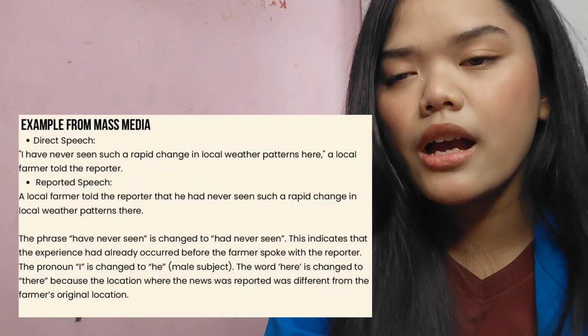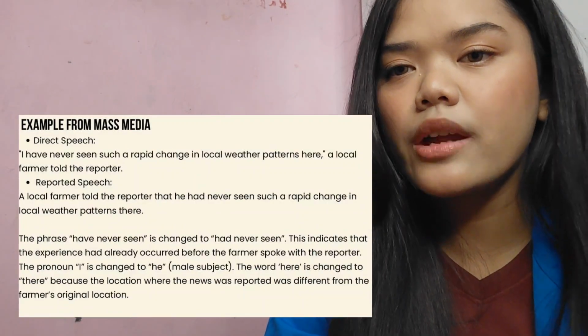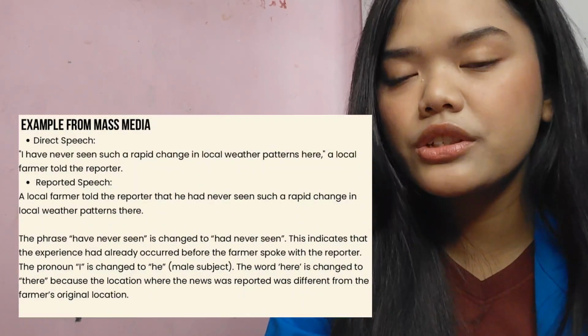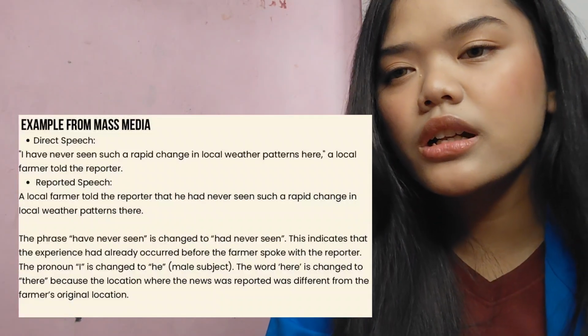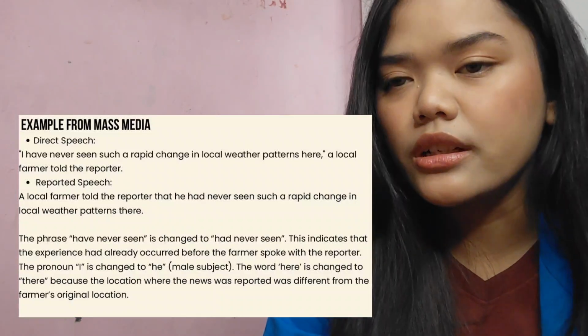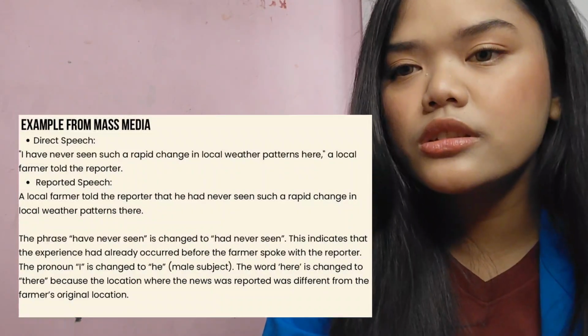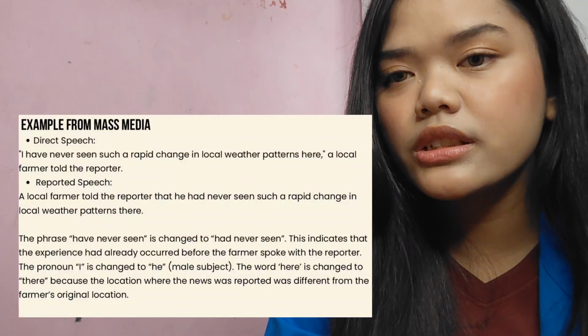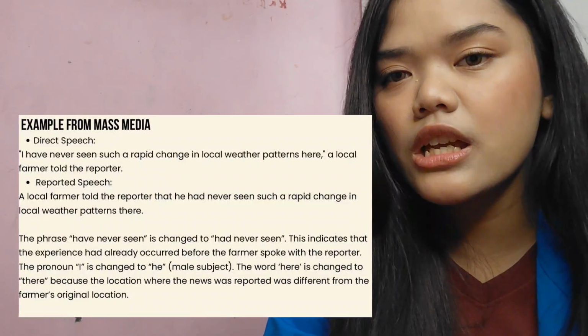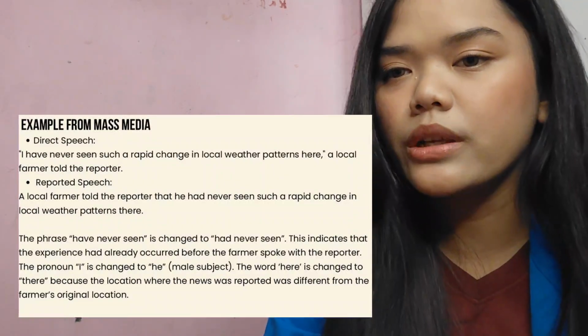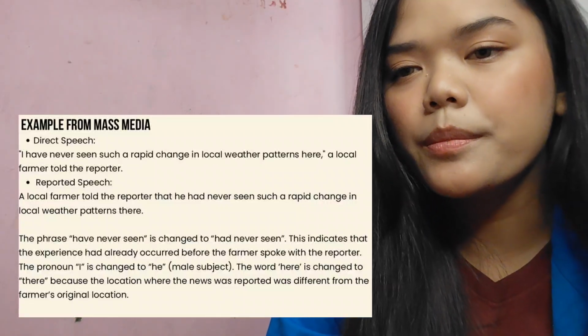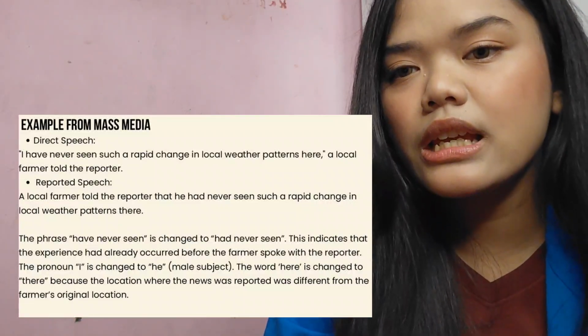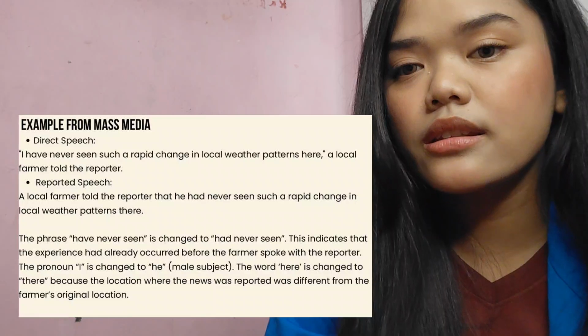Example from mass media: "I have never seen such a rapid change in local weather pattern here," a local farmer told the reporter. Change: a local farmer told the reporter that he had never seen such a rapid change in local weather pattern there. The part "have never seen" is changed to "had never seen."